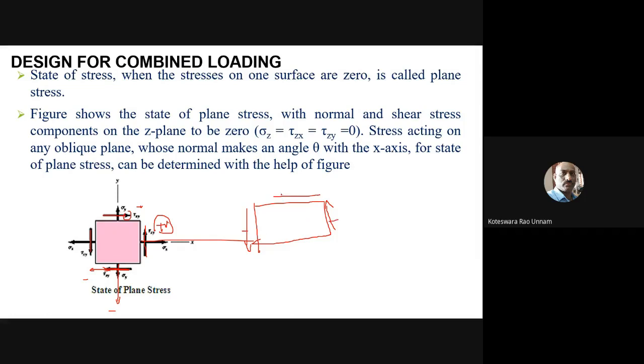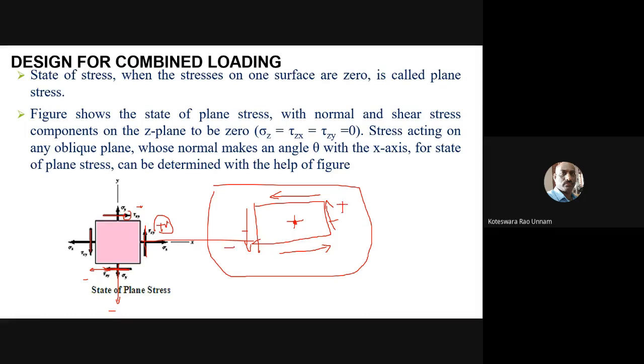Then if I show something like this, is this body in equilibrium for this case? If I take this as the center or pivot point, is it in equilibrium now? So I can say it is a positive stress here.